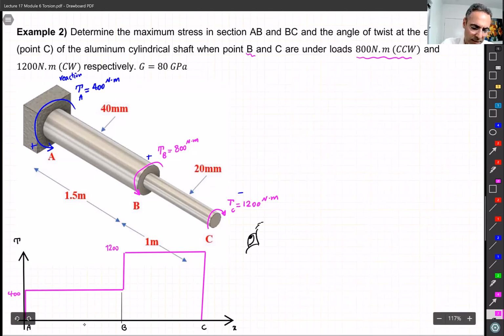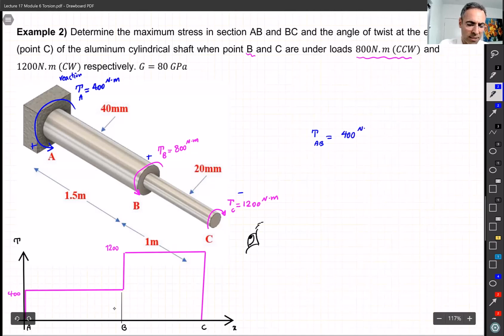And then at the end, we return back to 0, which means everything is correct. So this diagram helps us to basically understand the torque at each section. So now we know that T from A to B is 400 Newton meters, and T from B to C is 1,200 Newton meters, right?